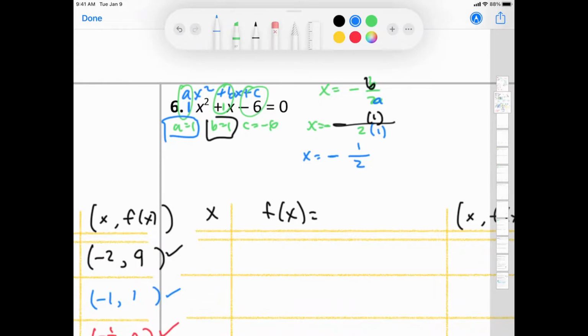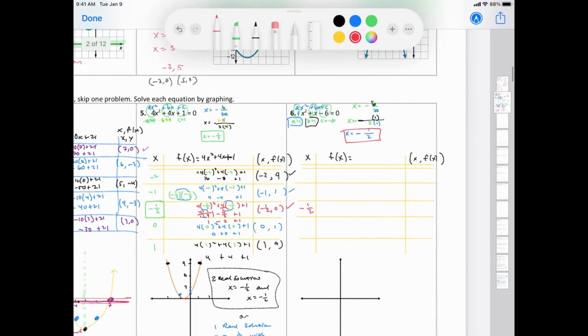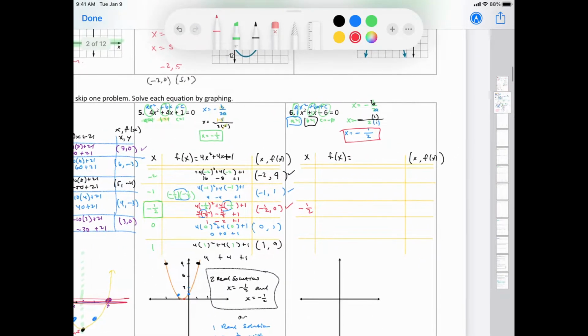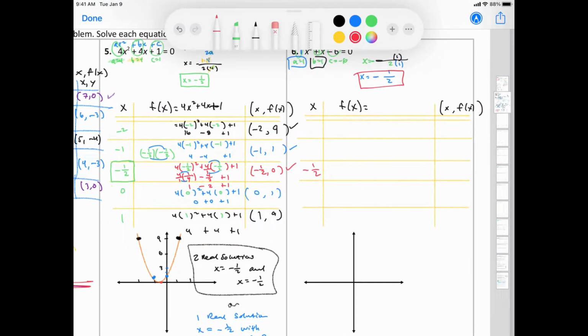They gave us another fraction. But that's okay, because I put it here in the middle. And we can just do what we did in the previous problem, is we can just go up. So from there we can go negative 1, negative 2, and then 0, 1.